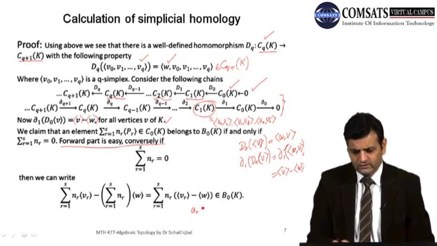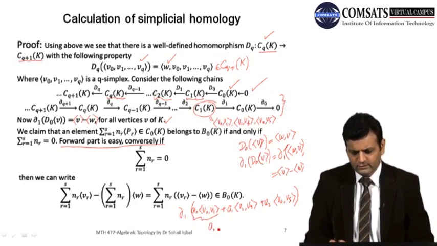Okay, so a naught v naught v1 plus a1 v2 v3 plus a2 v4 v5. Now calculate partial 1, the boundary of this. Let's just concentrate on the first term. So this becomes v1 minus v naught.